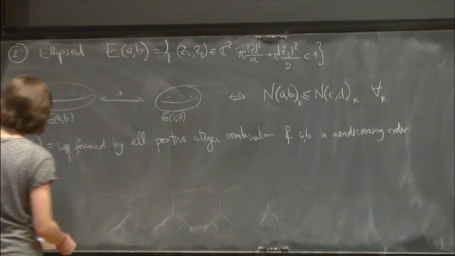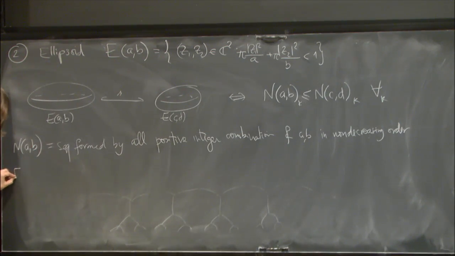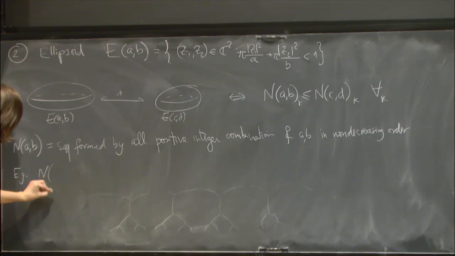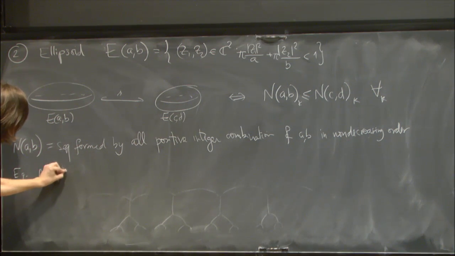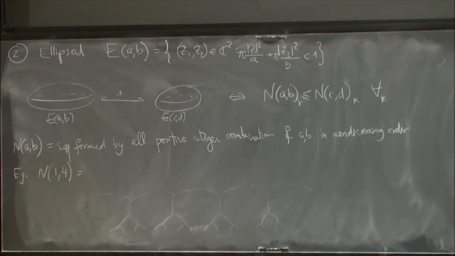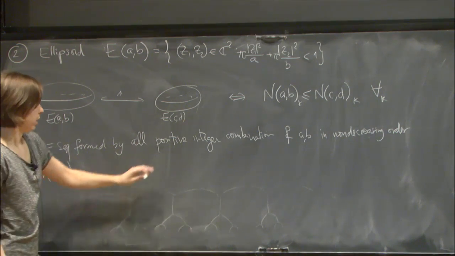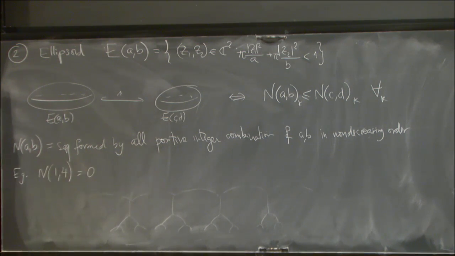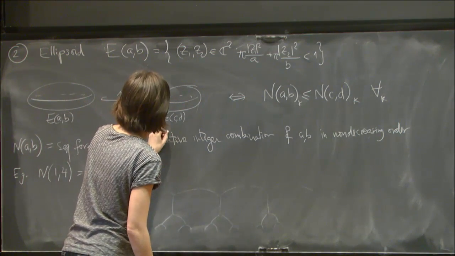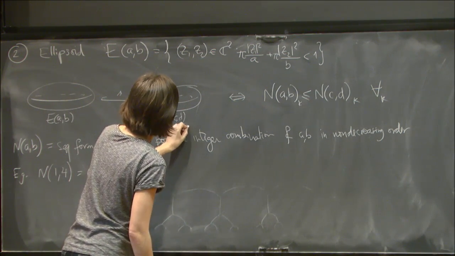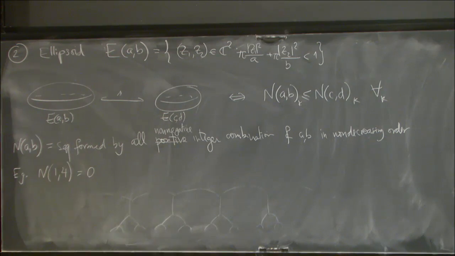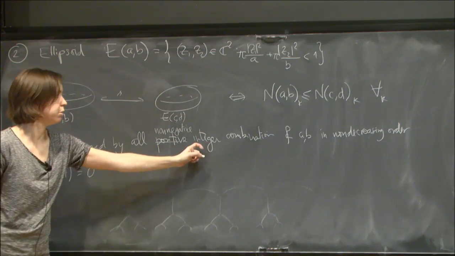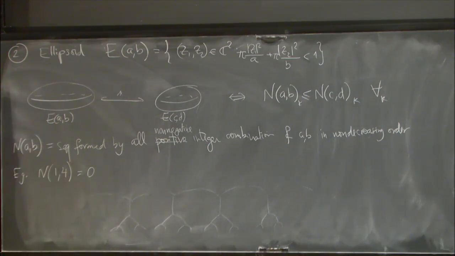So, for example, if I have N(1,4), that will be, maybe I should say non-negative integer combinations. I want to consider 0, so maybe I should say non-negative. So what I mean is just linear combinations where the coefficients are integers.